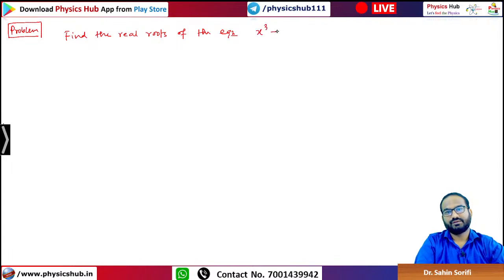Find the real roots of the equation x cube minus 2x minus 5 equals 0 by the method of bisection.